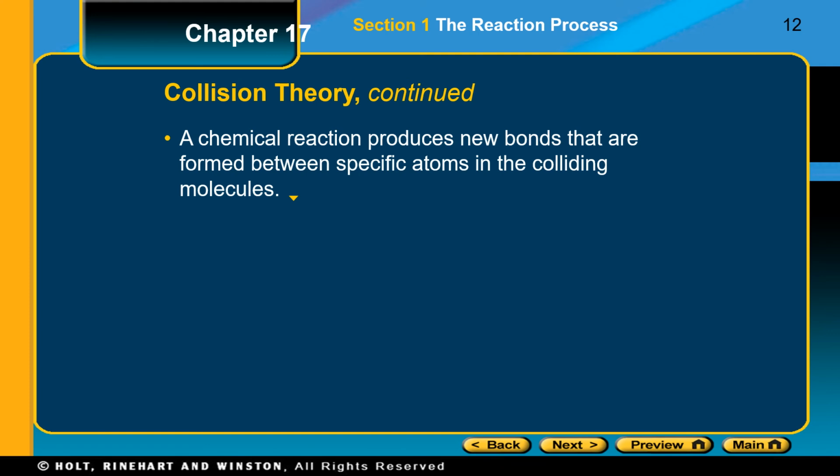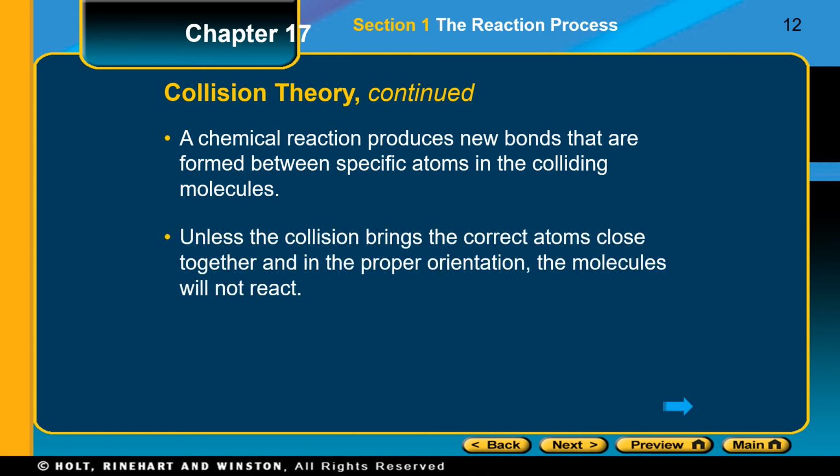So a chemical reaction produces new bonds that are formed between specific atoms in that colliding molecule. In our previous example, it was those two small orangey brown balls that bonded to each other, and we had to break the bond between the A and the B of each original molecule. So we had some molecules breaking bonds, and we had some new bonds being formed.